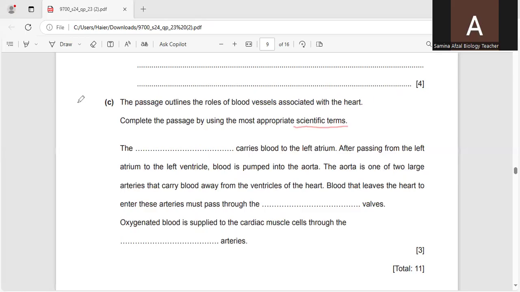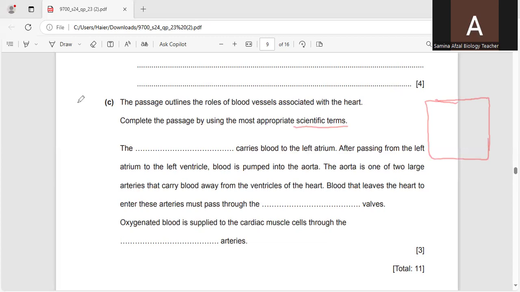Well, first of all, we have to complete by appropriate scientific terms. The blood carries to the left atrium. Students, in the left atrium of the heart, the blood is coming from the lungs. So there is an exceptional case, that is, the pulmonary artery takes the deoxygenated blood towards the lungs, and from the lungs, it will bring back the oxygenated blood by the pulmonary vein.